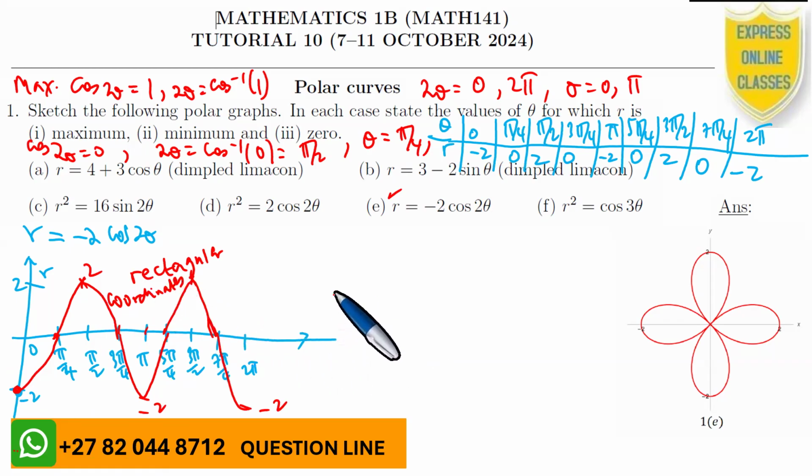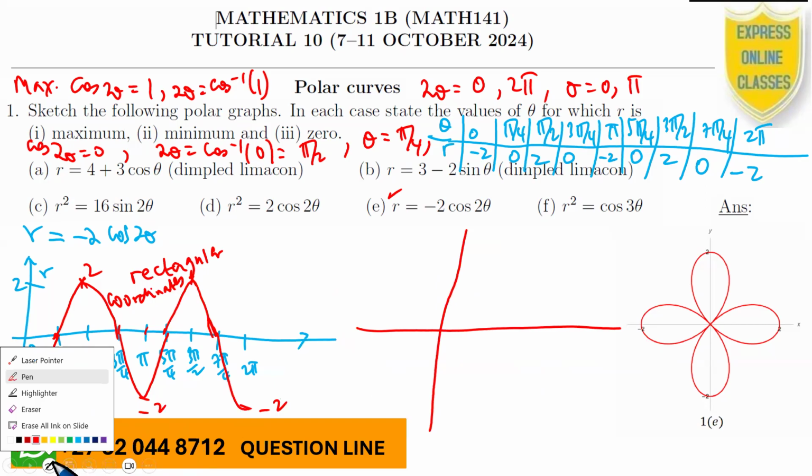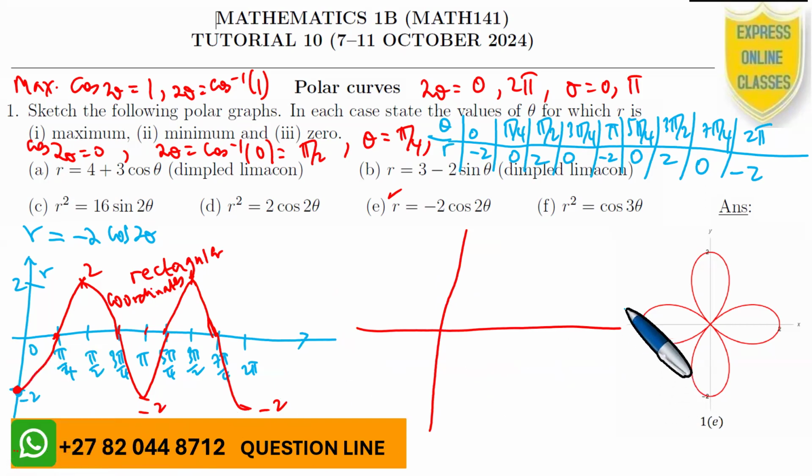Okay, let's look at the polar curve now. At 0, you have -2. Now, if you have 0 and -2, then it's not just 2, it's -2.